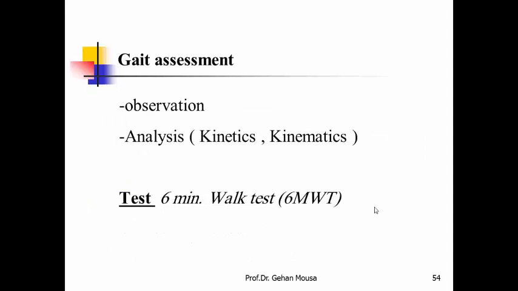Gait assessment can be performed firstly by observation. Observe the patient while entering the examining room, and it may be done simply by the 6-meter walk test, or by using video illustration or video analysis through 3-dimensional analysis, and now the most recent 4-dimensional analysis, or by using infrared illustration.